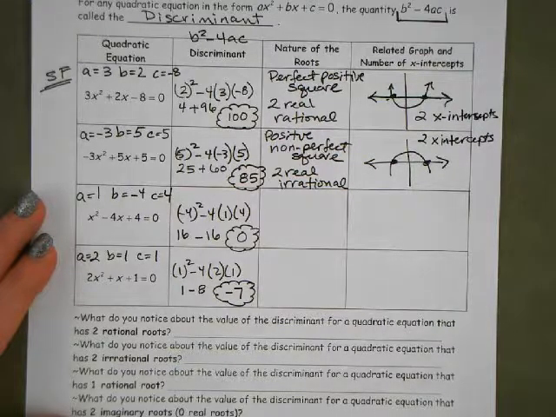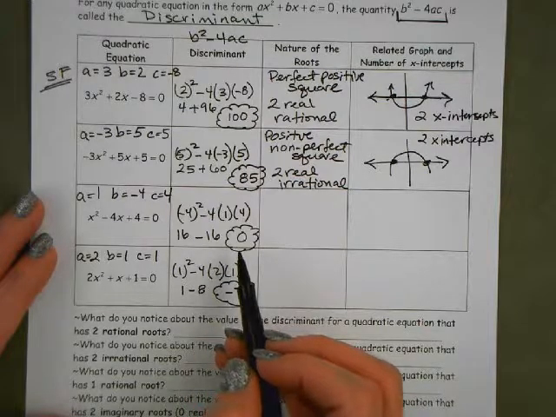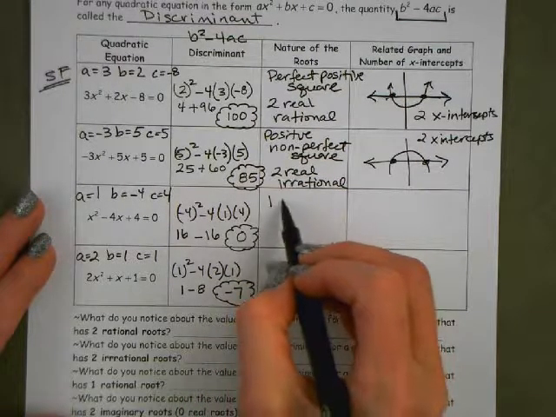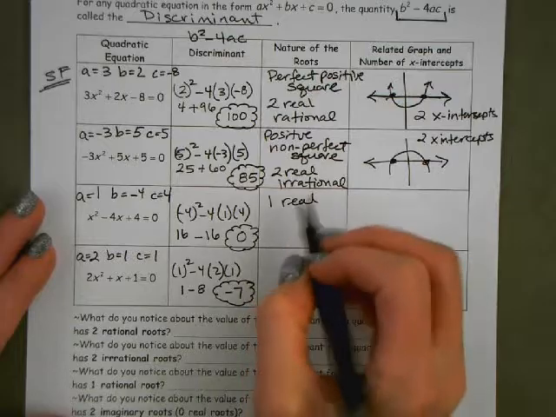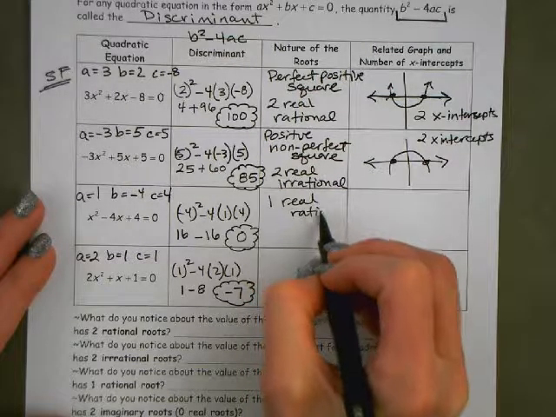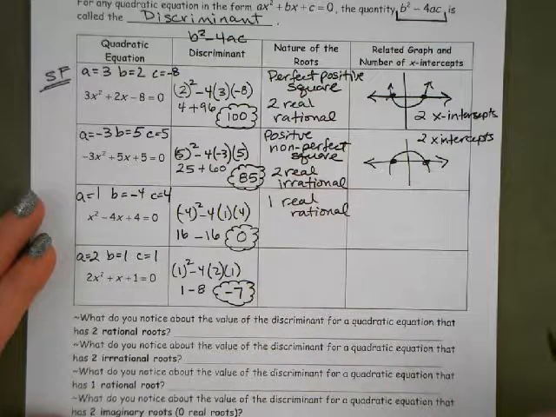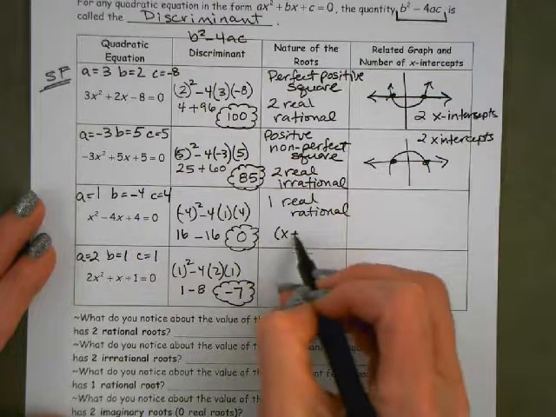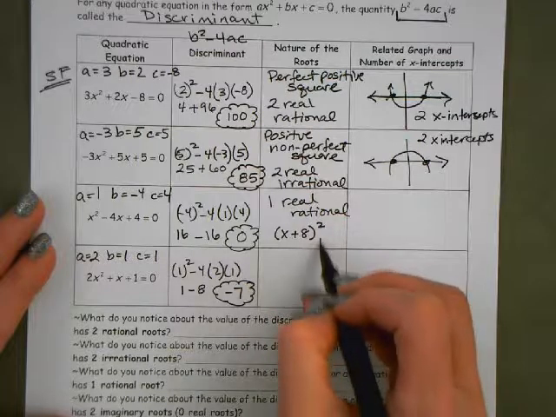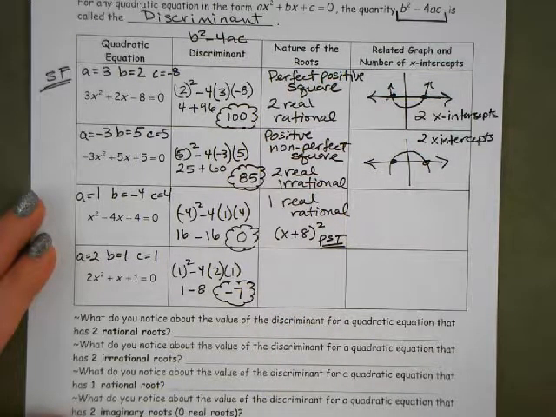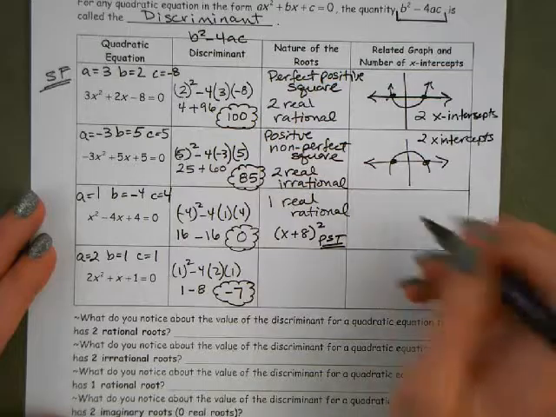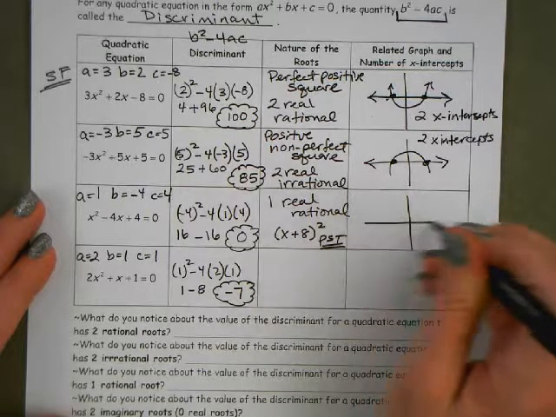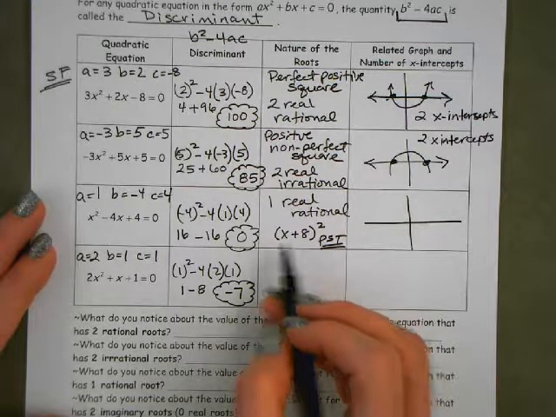When I have 0, you get one real rational number, and we call this the double root. So it's almost like you're going to have like x plus 8 squared. So this is this PST situation. Okay? And what that means is there's only one answer of x, right? So like if I have x plus 8, x equals negative 8 twice, right?